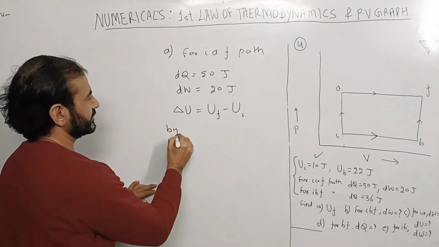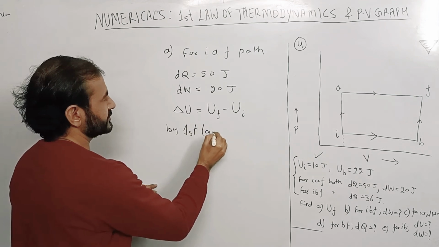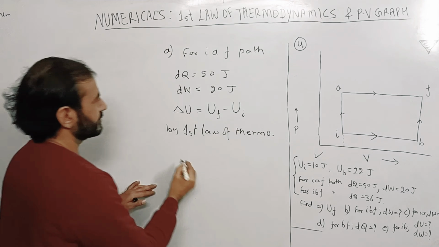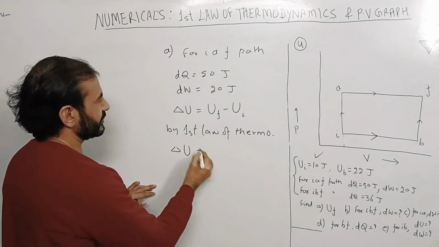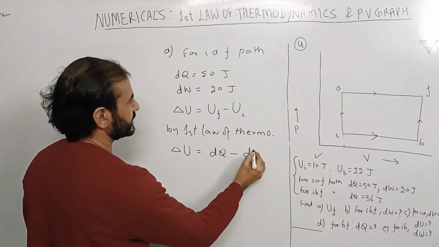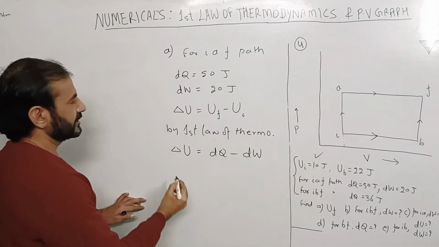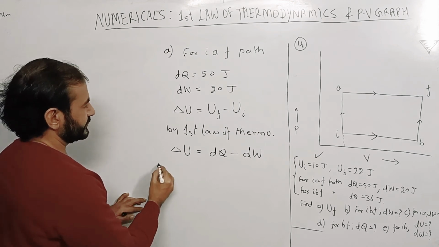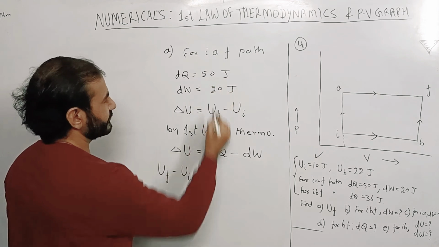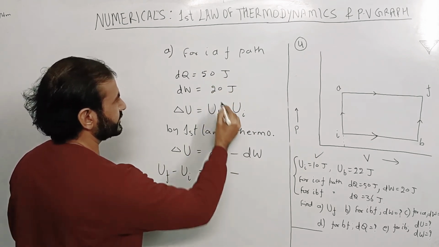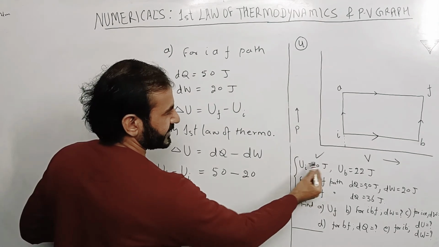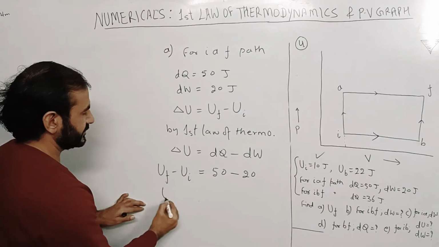And by the first law of thermodynamics, delta U equals dQ minus dW. Delta U is UF minus UI, equal to dQ, which is 50, minus dW, which is 20, and we are also given UI as 10 joule, so put UI here.